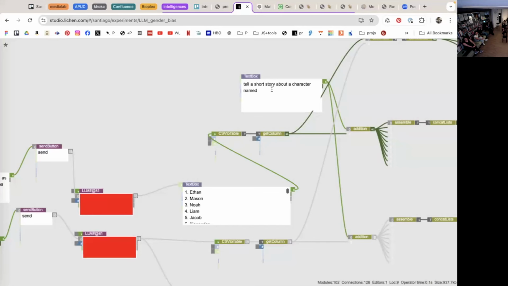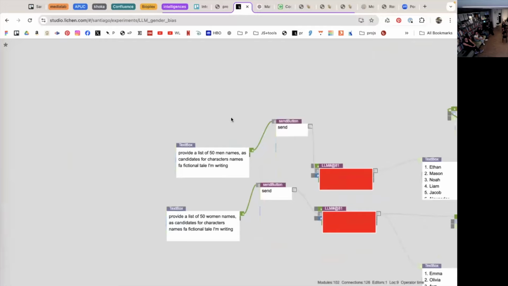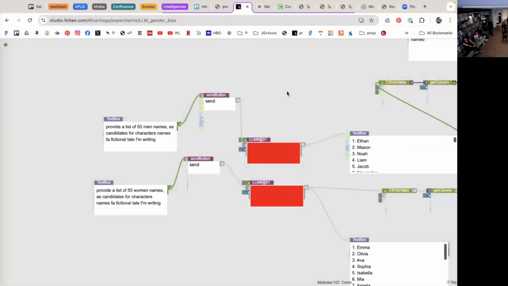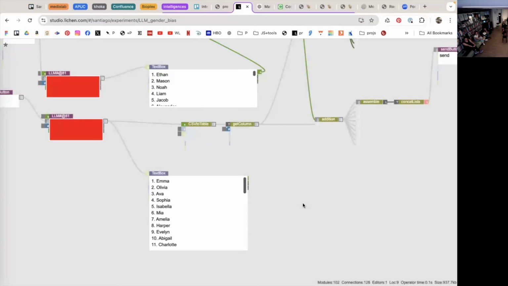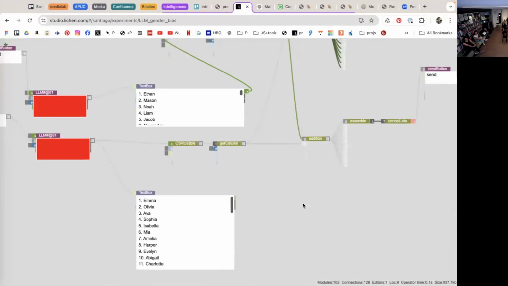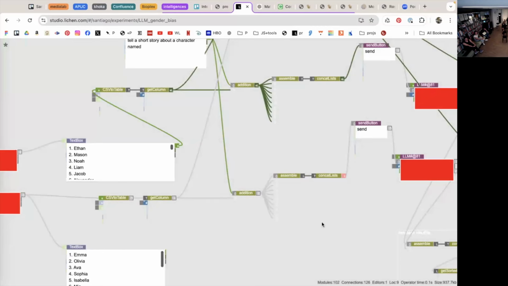So now I have 50 prompts. Tell a short story about a character named Ethan, Mason, Noah, etc. And I have 50 prompts for names that the LLM itself thinks or answers as woman names. So now there's no longer talk about men and women. It's just 100 prompts for telling a story about a character name, and then there's the name, okay?